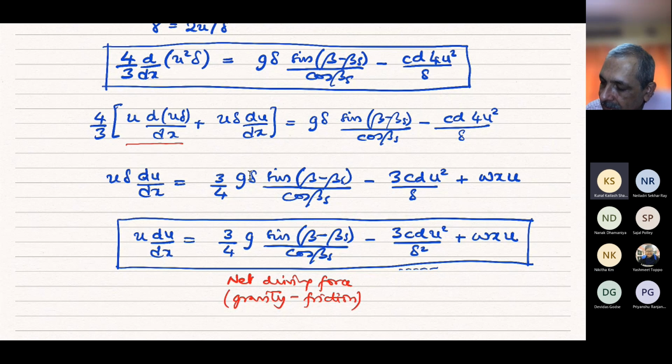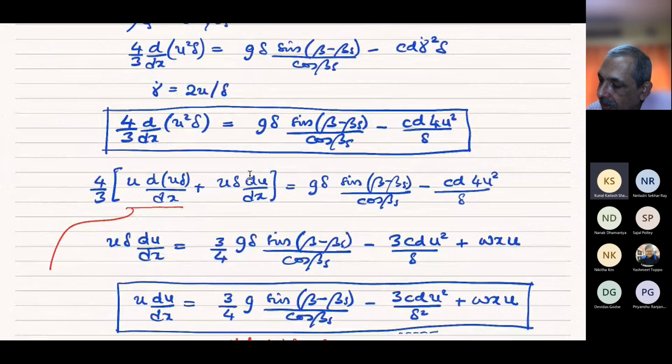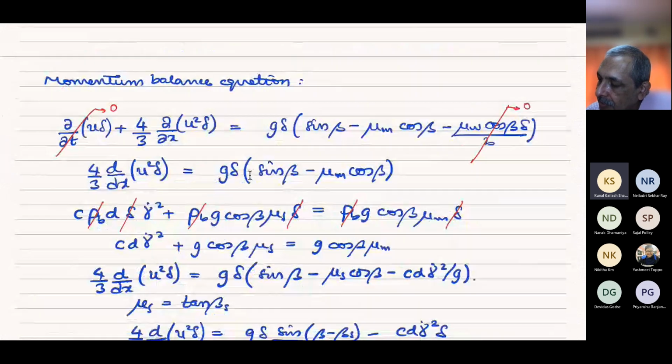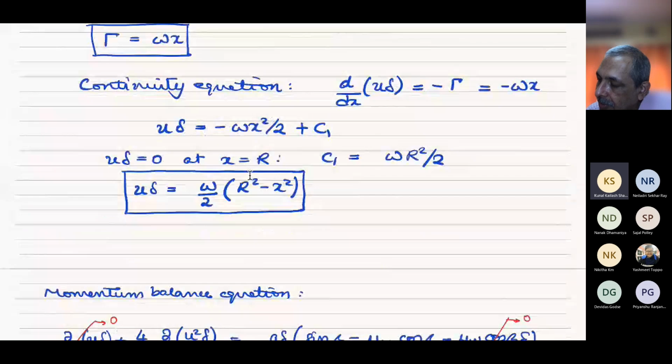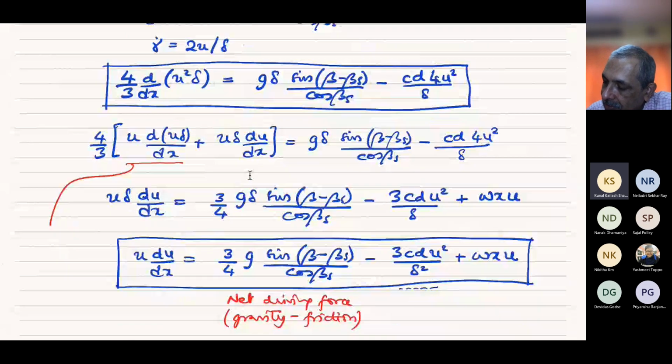If I substitute for d by dx of u delta, from the continuity equation we already know that d by dx of u delta is minus omega x. So this term is just equal to minus u into omega x. And then I've taken it to the other side, so I multiply by 3 by 4 and take it on the other side.